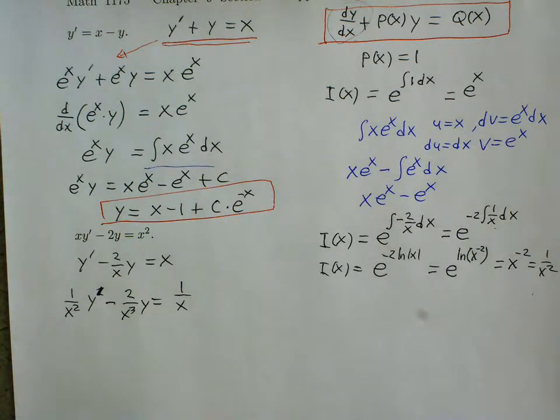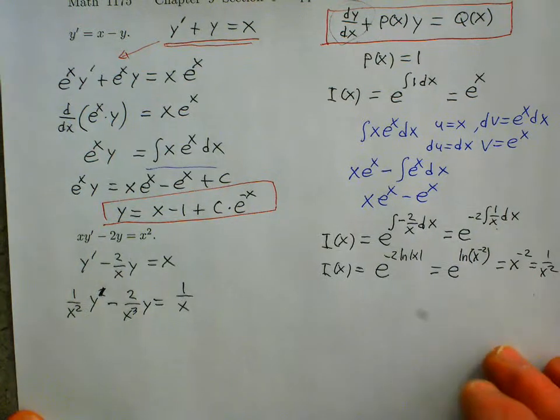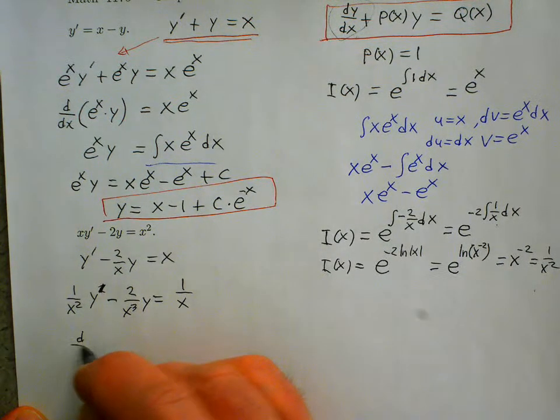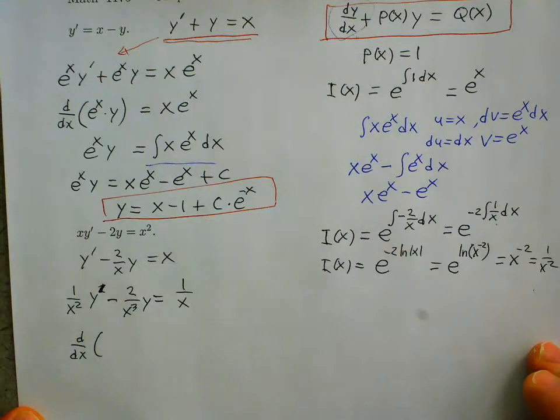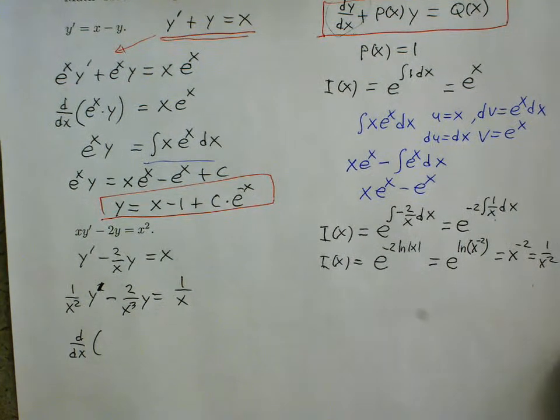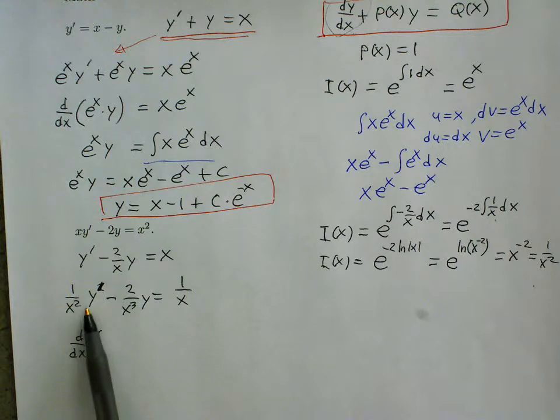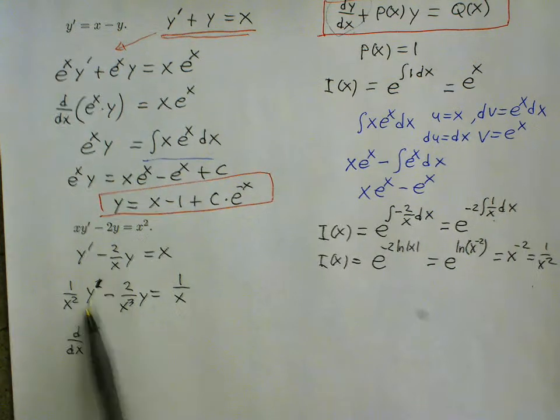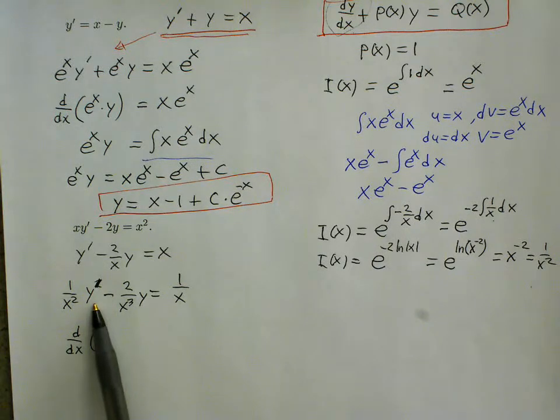The left-hand side is the derivative of a product of functions. So which product? It's the derivative with respect to x of a product of functions by the product rule. Well, one thing you can focus on is here we have 1 over x squared times y prime. So we haven't taken the derivative of 1 over x squared yet.